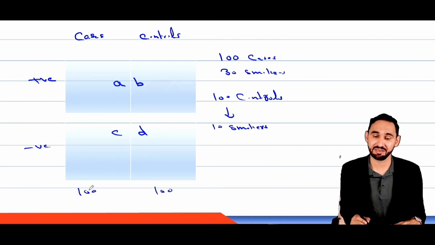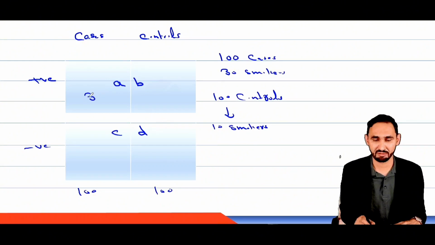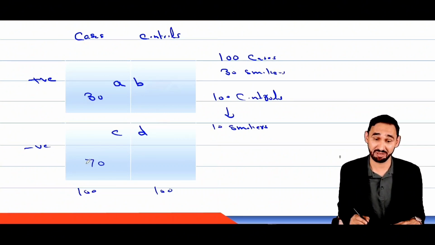Among 100 cases, 30 are smokers, so 30 are exposed, and 70 were non-smokers. How did we calculate 70? There are 100 cases. We subtract 30 from 100 and put the remaining cases in non-exposed.